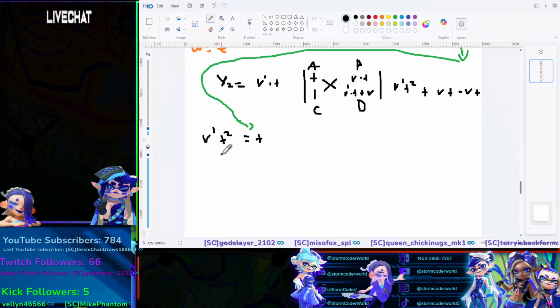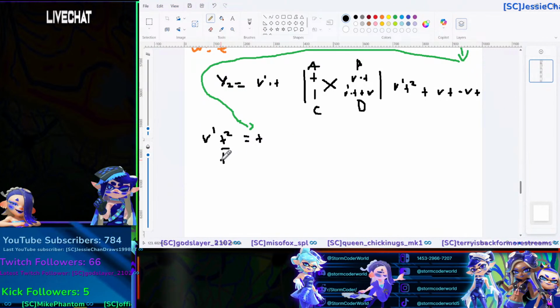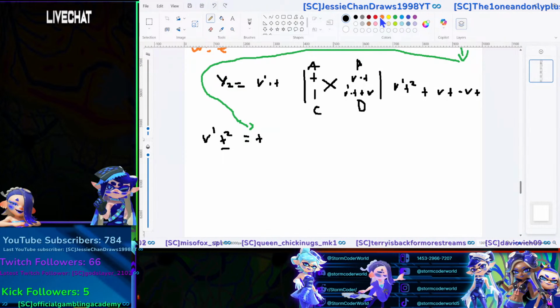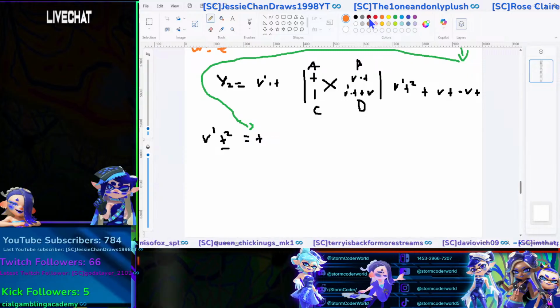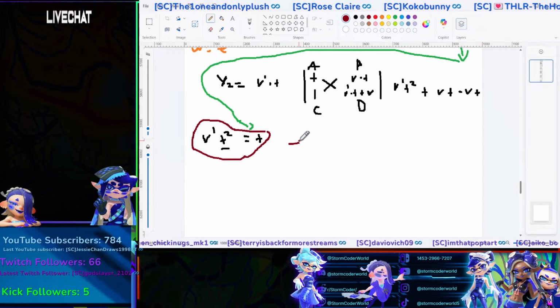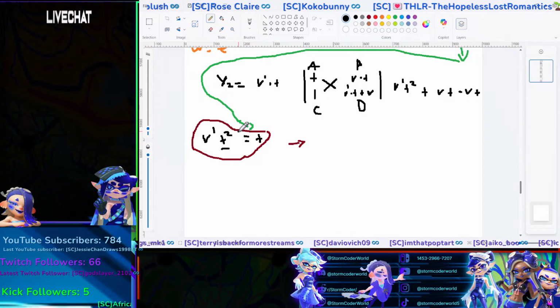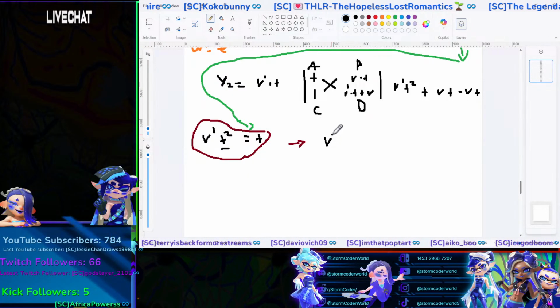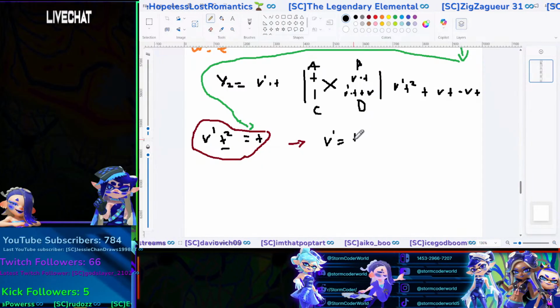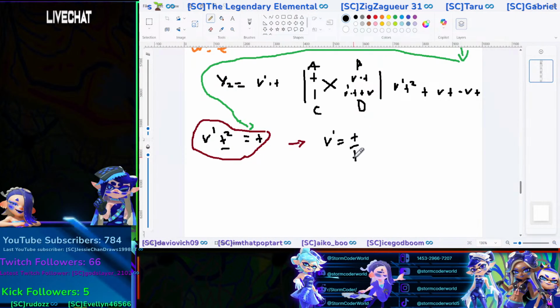We want this v prime to be by itself, so what I'm going to do is highlight this box in red. And what we're going to do is transfer this t squared and put it underneath here.